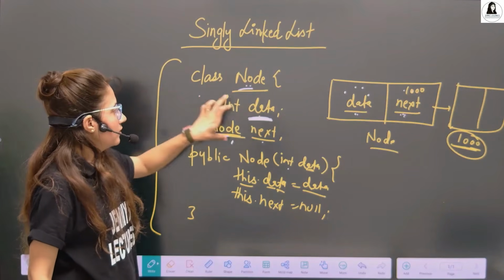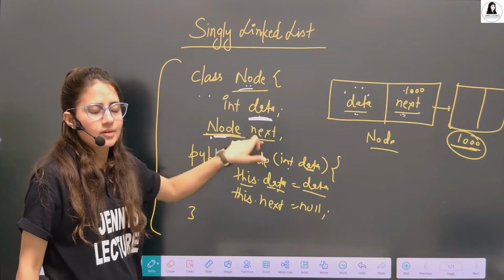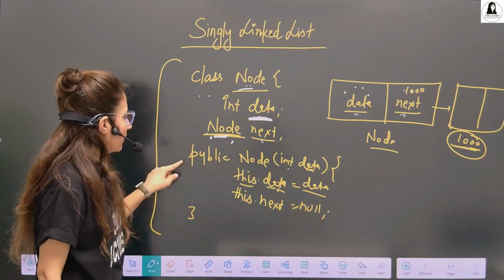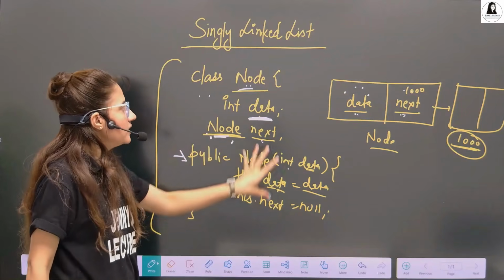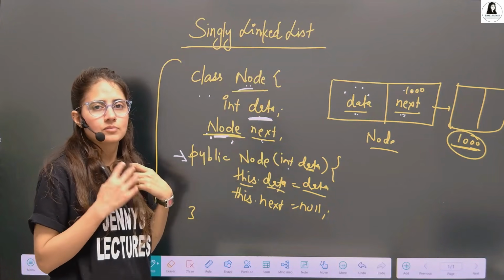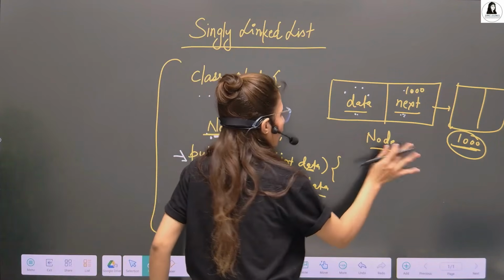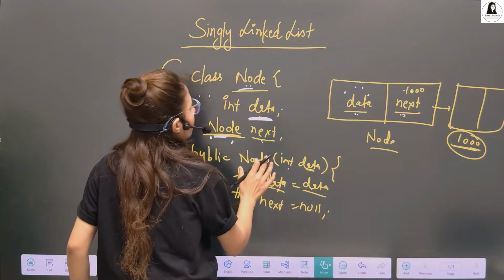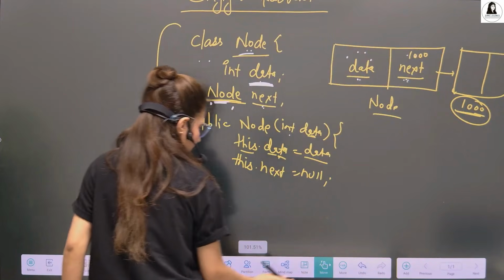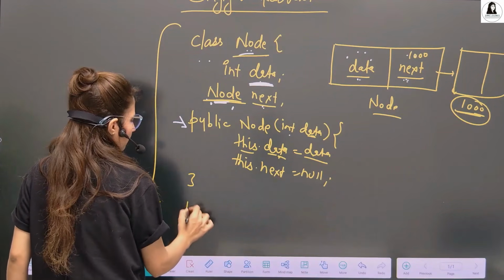Class Node, two fields are there: data plus a pointer, sorry, a reference to the next node. So the type is Node. This is the constructor to initialize this object with the data. So you can simply create a node. I hope you know this thing. Because it's a simple class, we write it simply.